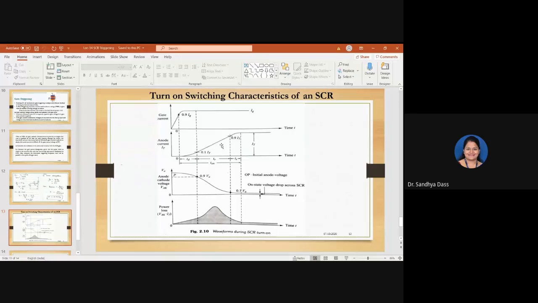I hope you are able to relate the construction, the operation, everything. You have to imagine the two transistors connected back to back. Because of the electric field and the triggering circuit control signal, charges are building up and current is slowly increasing. So you have to relate all basic electronics here.